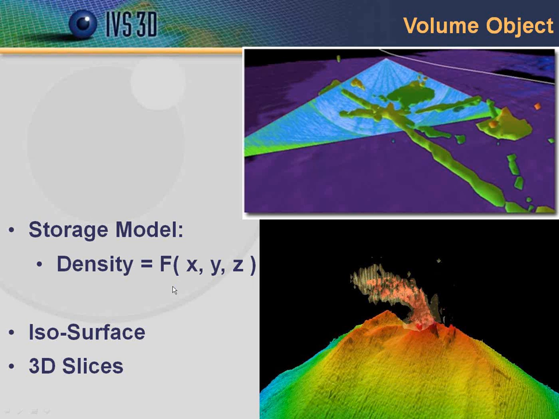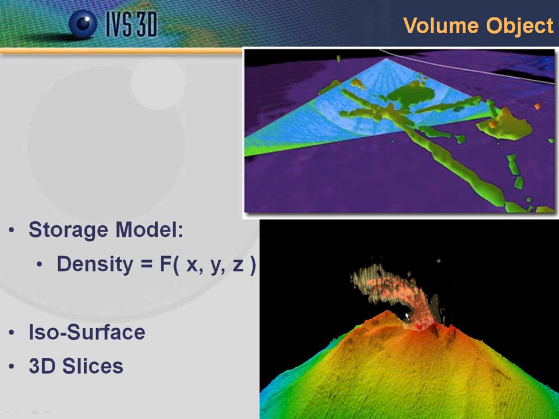And there are visualization choices for selecting particular intensity levels, producing an isosurface, which is like contours, but a 3D contour of volume data at a particular intensity level.